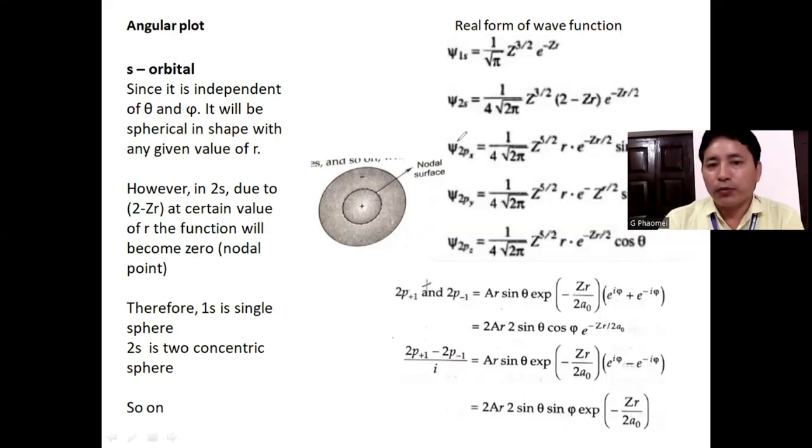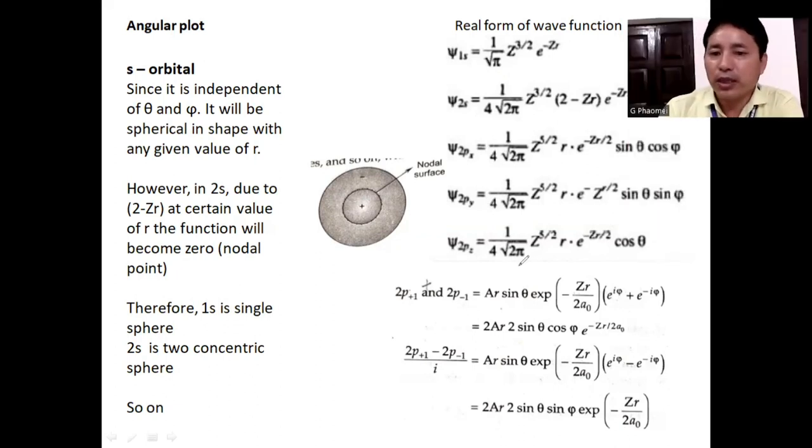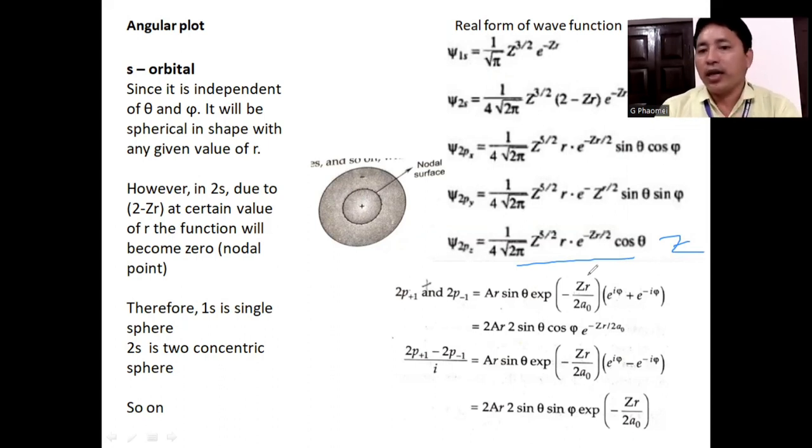So for s orbitals, we easily know that they are spherical. But for 2p, if you see cos theta, that means 2pz, that is 2,1,0, we know that it belongs to the z axis, because in the transformation of Cartesian coordinates to polar coordinates, z is equal to r cos theta. Therefore, we can say this is 2pz.